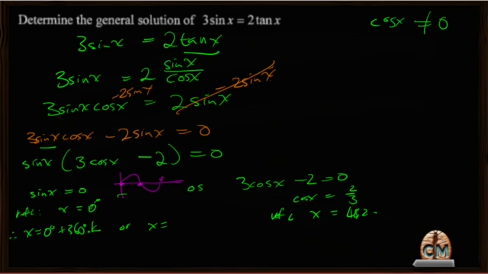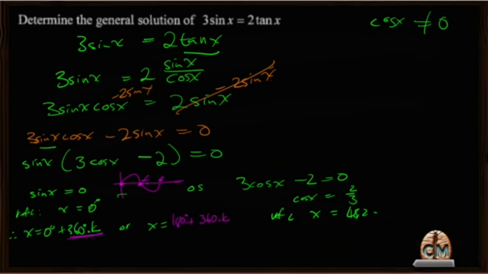We will ignore that because the addition of the period or the periodicity takes care of that. But the second 0 sits here at 180 degrees, so x is equal to 180 degrees plus 360 degrees times k.